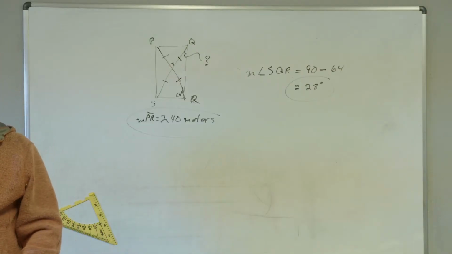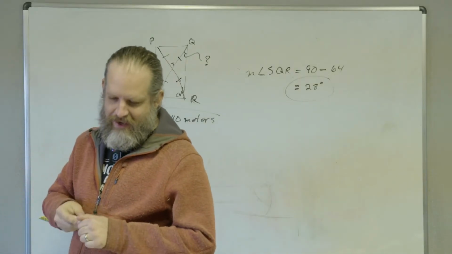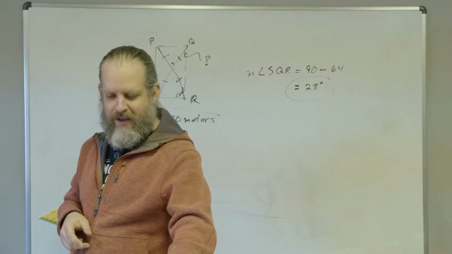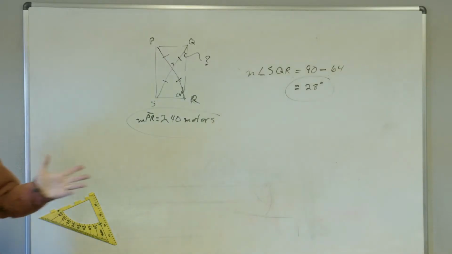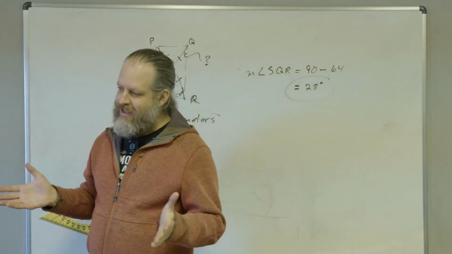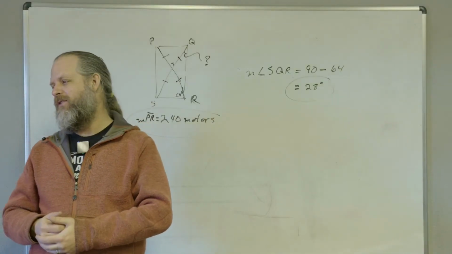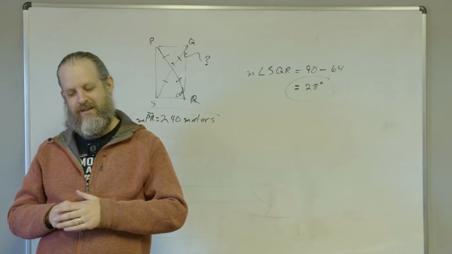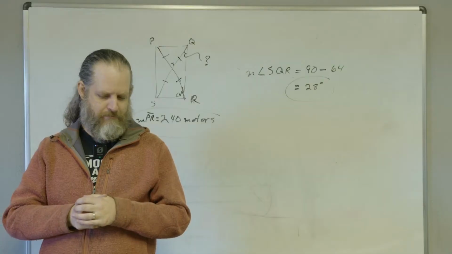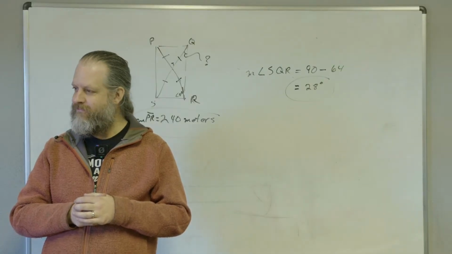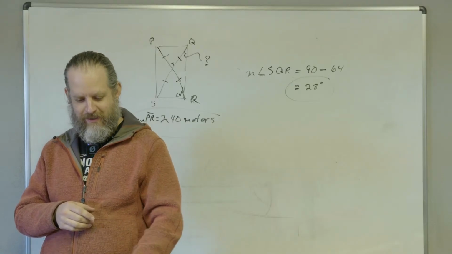But the converse is also true, right? If a quadrilateral is a rectangle, then we can say the diagonals are congruent, which means that if we can prove that the diagonals of a quadrilateral are congruent, then it's a rectangle.